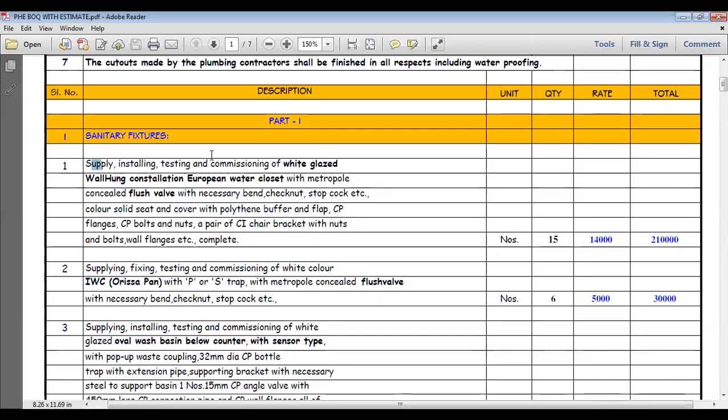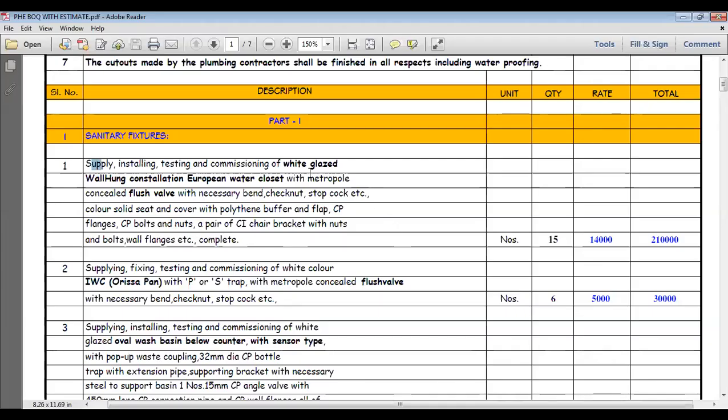Supply, installation, testing, and commissioning of white glazed wall hung European water closet with concealed flush tank, with necessary bend, check nut, stop cock, solid seat cover with polythene buffer and flap, CP flanges, CP bolts and nuts, and a pair of CI bracket with nuts and bolts, wall brackets, etc., complete.